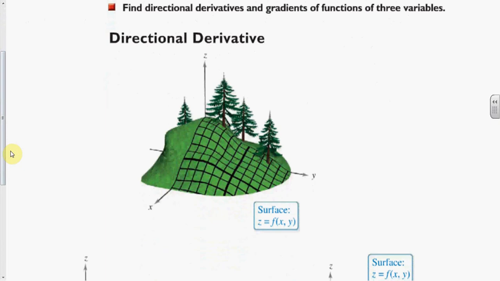Here's some surface, and if I'm at some point on this surface, I want to be able to find the derivative as I slope down, say for example in this direction, or you may go down a different direction. Well, obviously, going down different directions, you're going to get different derivatives. So a different velocity, if you will. As you slope down, you may slope up, it doesn't matter. And so the key here is to be able to find that so-called derivative.